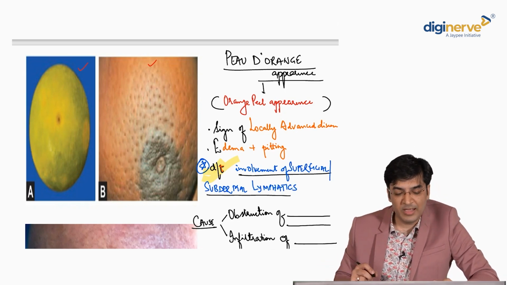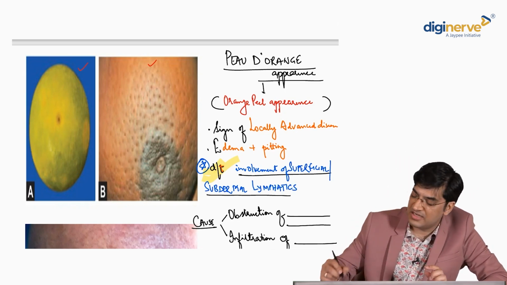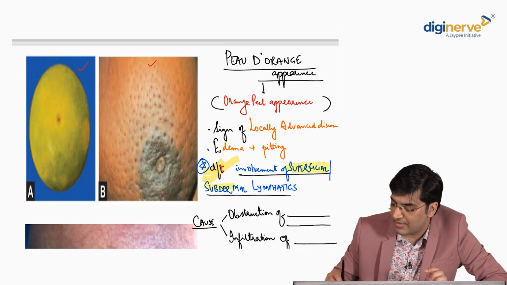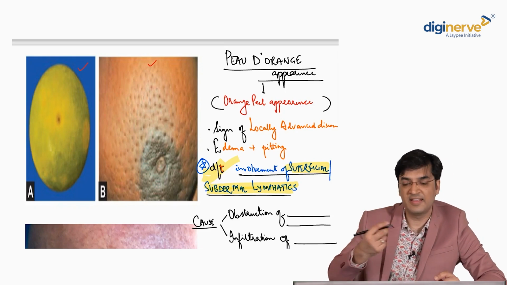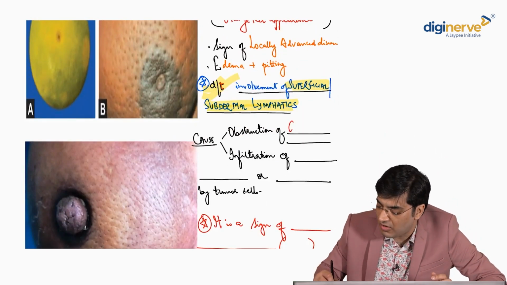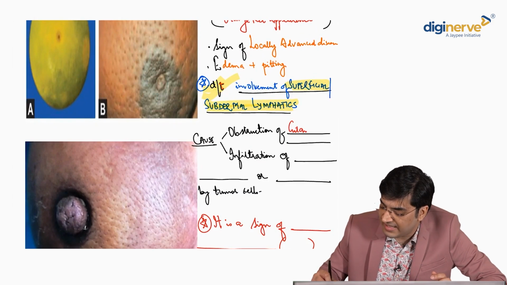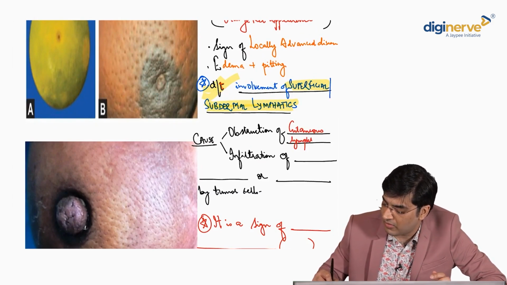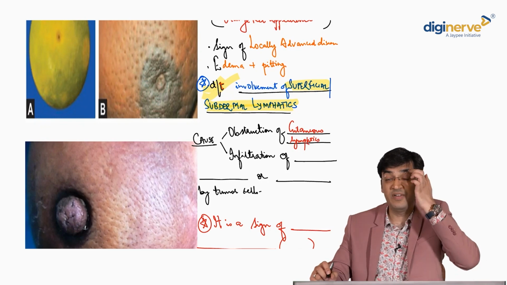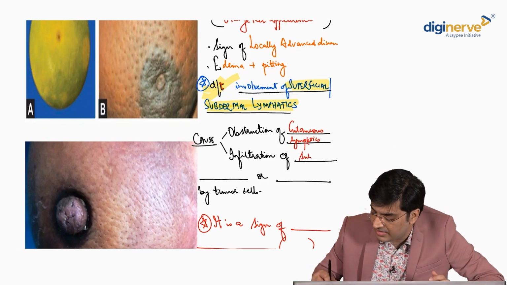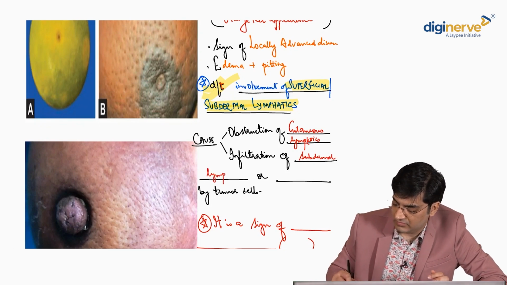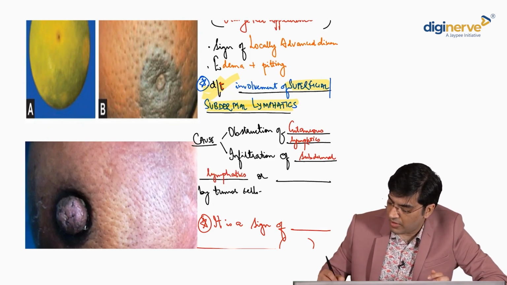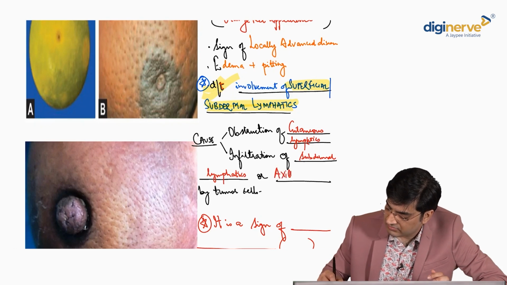So what can be the two causes? Involvement of which structure? Superficial or subdermal lymphatics. This is one question. Another way of asking the same thing is when there is obstruction of cutaneous lymphatics, or infiltration of subdermal lymphatics, or axillary nodes.